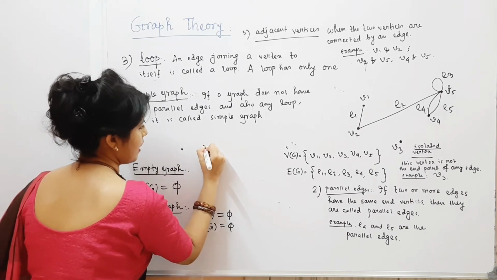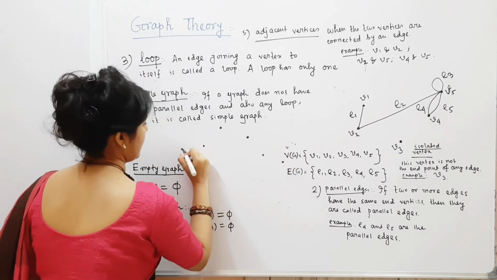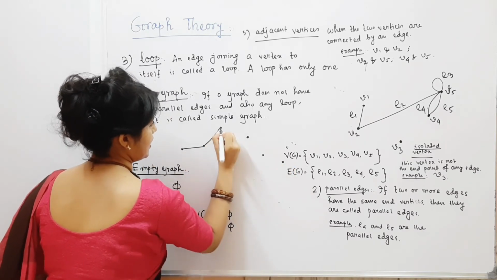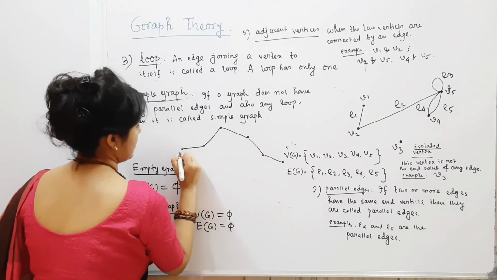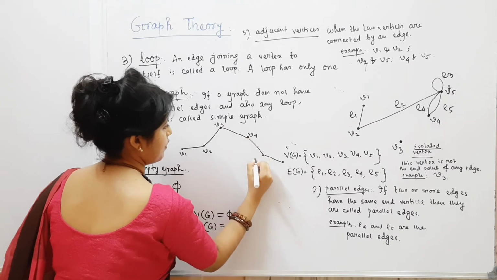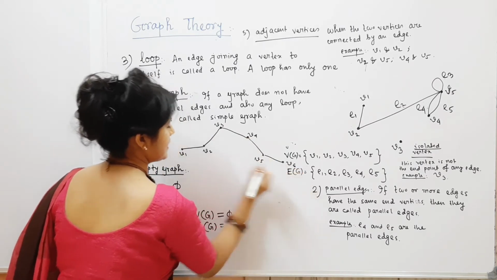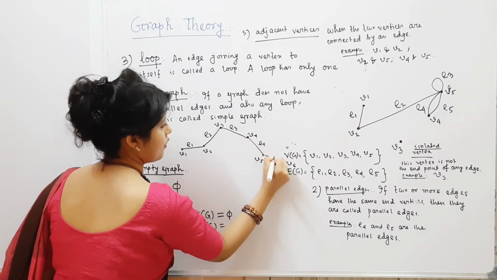So what is an example of a simple graph? Suppose v1, v2, v3, v4, v5, v6, and this is e1, e2, e3, e4, e5.